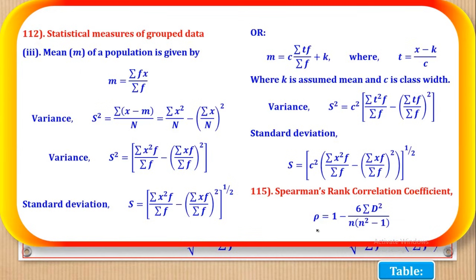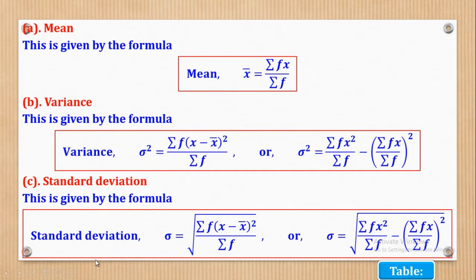Because some students, when they look at this, may think that this square is on both f times x, which is not the case. This square is only on x. If you want a square to be on more than one part, we have to use brackets. Just as you see here, this bracket means that this square is on both the numerator and the denominator. So you must be keen with the brackets.